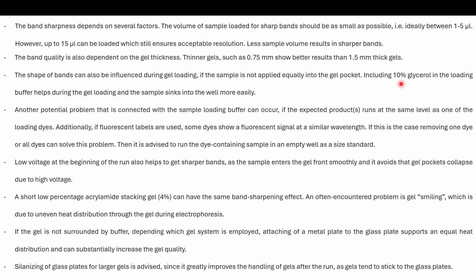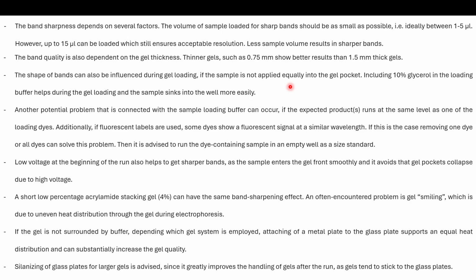Otherwise, the sample will spread out all over the well, and as soon as you apply the electric field, the sample present in the upper portion will first take some time to come down to the bottom of the well and then start moving through the gel matrix, right?